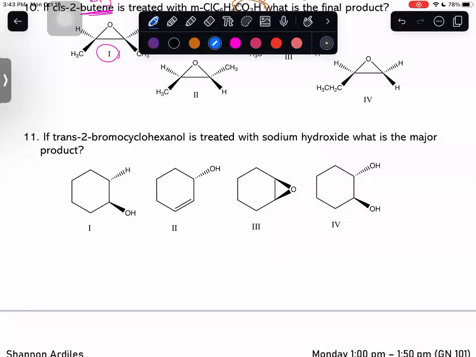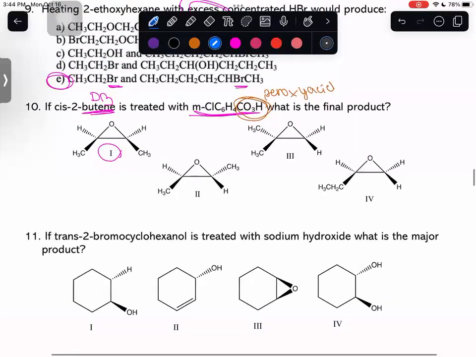Okay, question 11. 1 to 2 minutes. Pretty simple. Which one? 4, 10. So this was one of the ways in which we can make an epoxide.